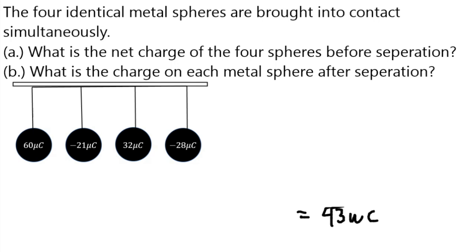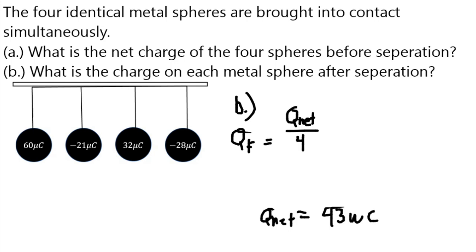So after that, how can we solve the net charge of each metal sphere after separation? So earlier I did say that we're just going to take the average of it. But on this one, what we're going to do is just divide the net charge by how many metal spheres there are.